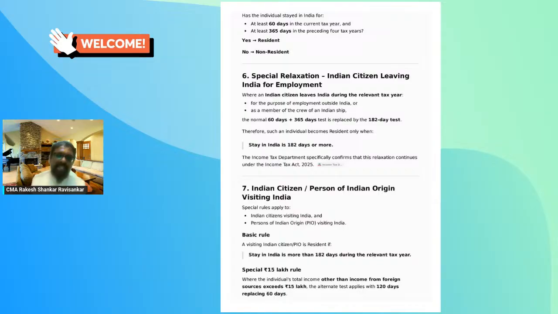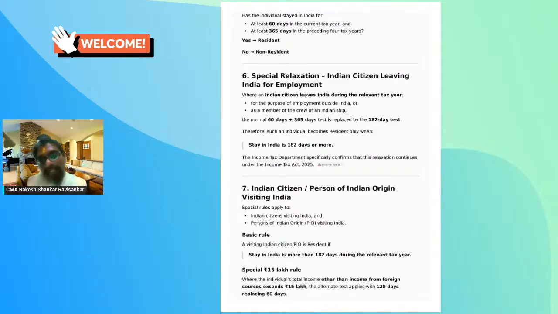When the stay is in India for 182 days or more during the relevant tax year, now there is one special rule which says, if they have Indian income of 15 lakhs, other than the foreign sources, they have some house property, deposit income.